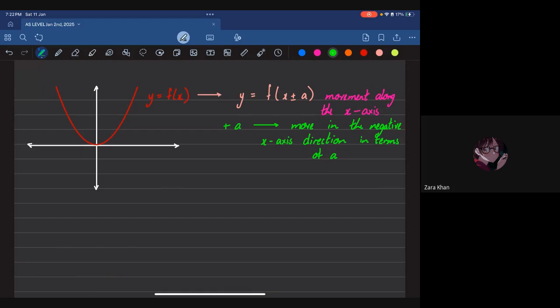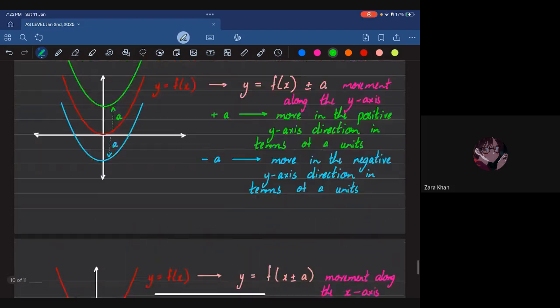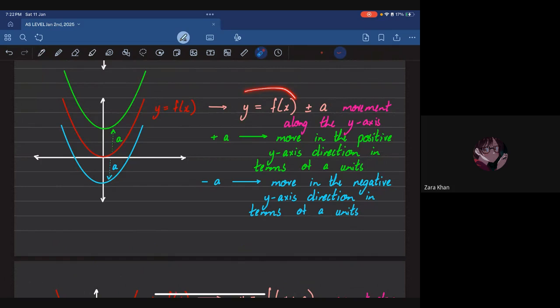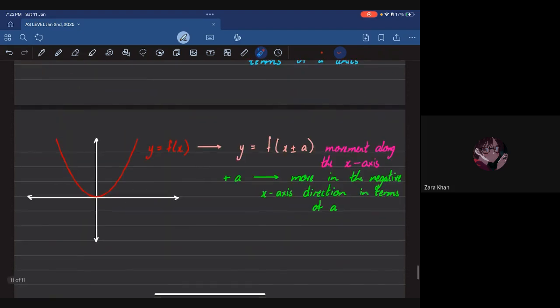That can only be understood with the magnitude of a. Whatever the magnitude of a is, that is going to be the magnitude of your movement as well. When something was adding or subtracting to the entire equation, we saw movement in the positive y direction when adding, and in the negative y direction when subtracting. Over here, it's going to be the opposite. Whenever something happens to x inside the bracket, it's always going to be some sort of opposite or inverse movement.